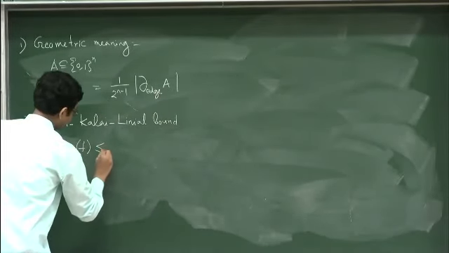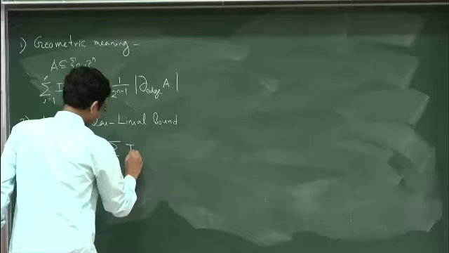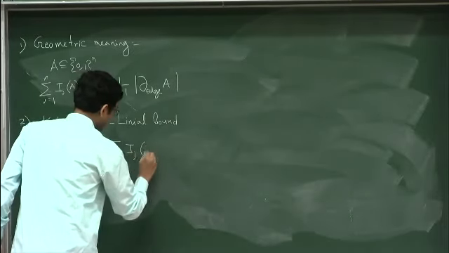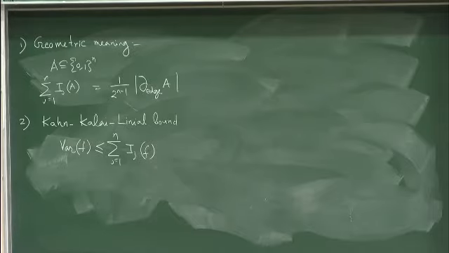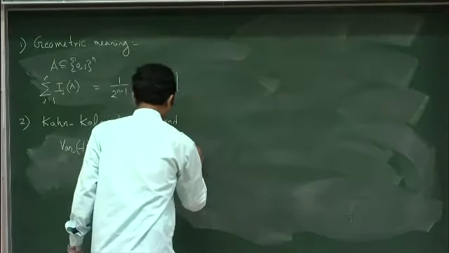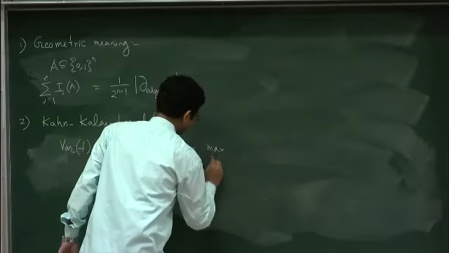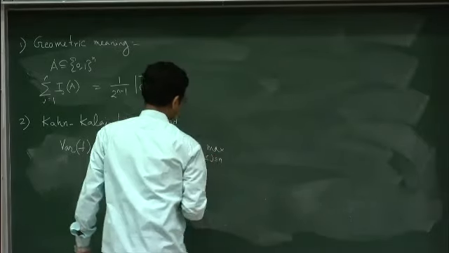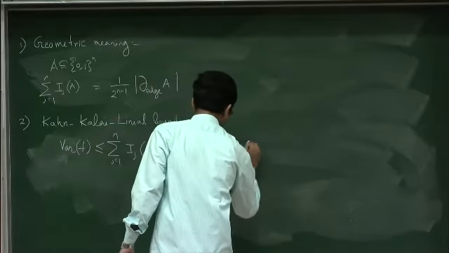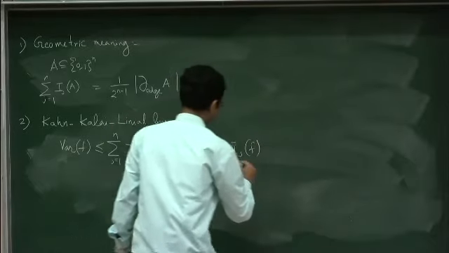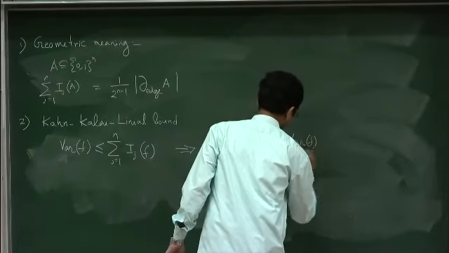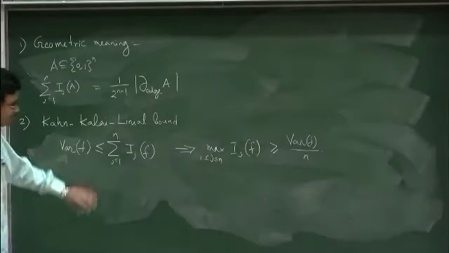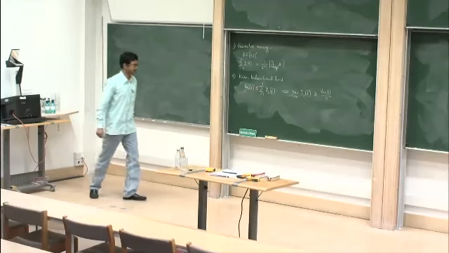This is just a standard application of the Efron-Stein inequality, if you like. Maybe there is a constant here, but I think it's true without the constant. This implies that the maximum jth influence of any coordinate is at least variance of f over n. So this is the elementary lower bound on the max influence.